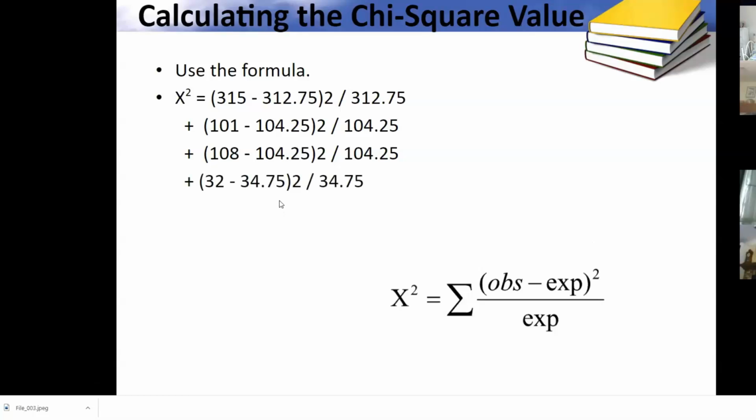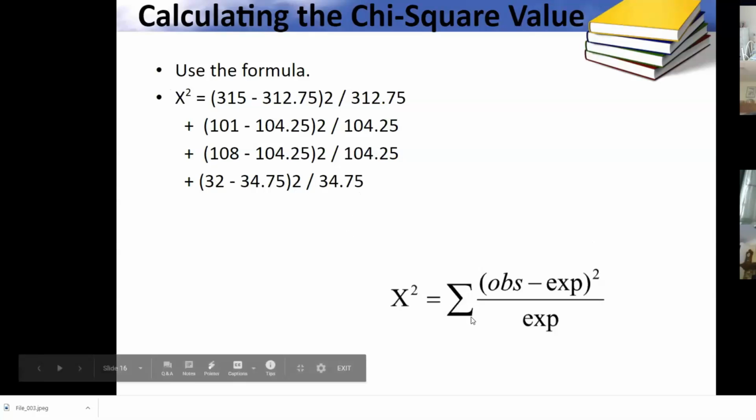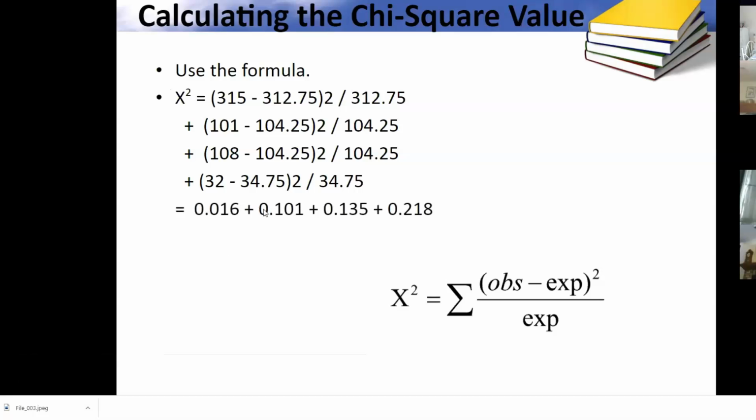If I did that off the top of my head correctly. Okay, so this is our observed minus expected squared divided by the expected. Add those all together. That's the sigma sum. Here we go. And we get a 0.470, which seems like a low chi-square.